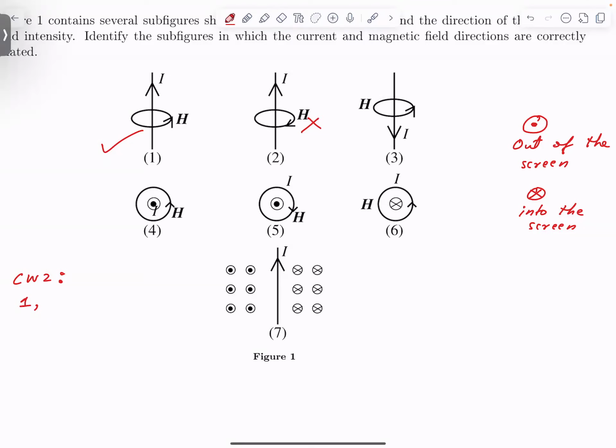Did everyone find this? I guess so. I think it's exactly, yeah.